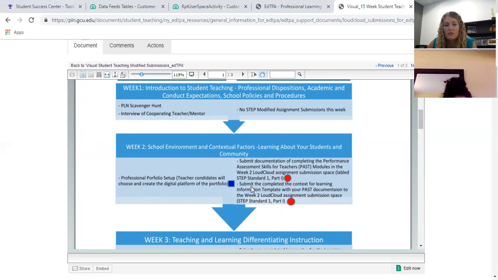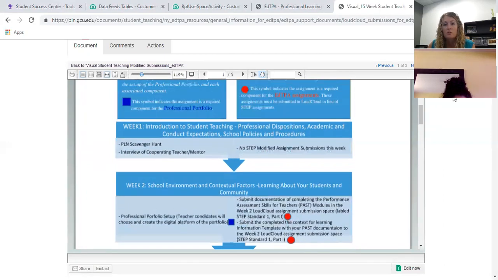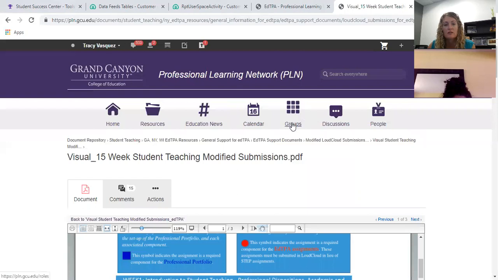And then you have the completed context for learning information template. Remember, that's the template that I said you could get started on now, where it just documents information about your school and class. As long as you know where you're going to be placed, you can start on that now. That's the context for learning information template. I can show you where that is again if you'd like.